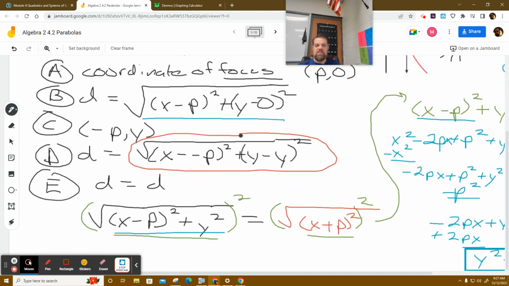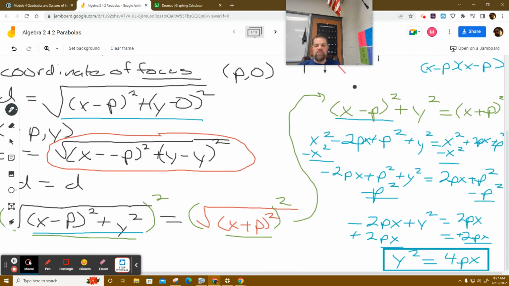And when you set those two distance formulas together, in other words, this is one of the distance formulas, this is the other, you end up with this. And algebraically, when we finish the whole thing, we get y squared equals 4px. That's where the 4 comes from. It's just the formula, and it's from the derivation. It will always be 4px or 4py, depending on how you do that.